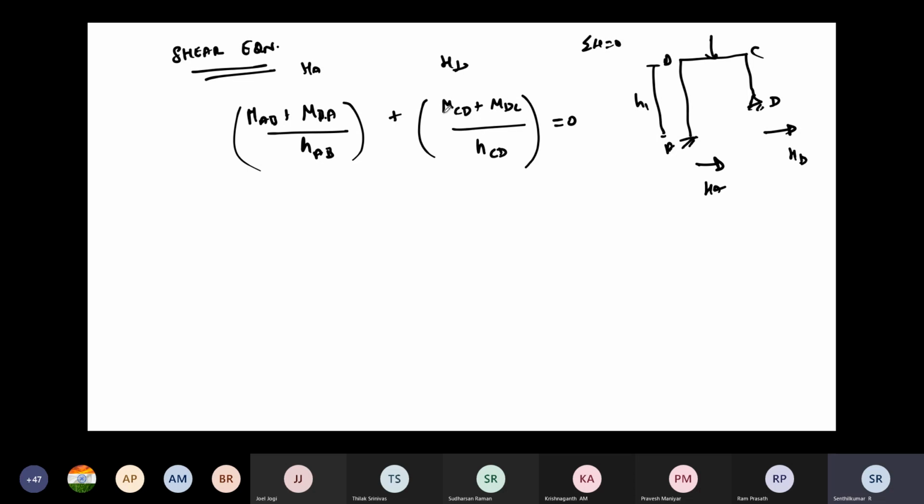So now the thing is, just apply the values here. What are the values? MAB plus MBA and MCD plus MDC.